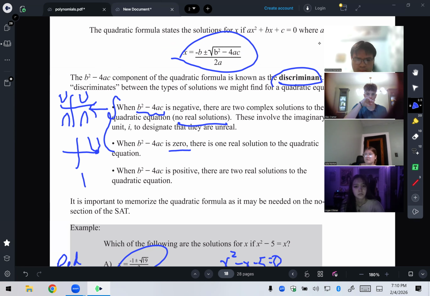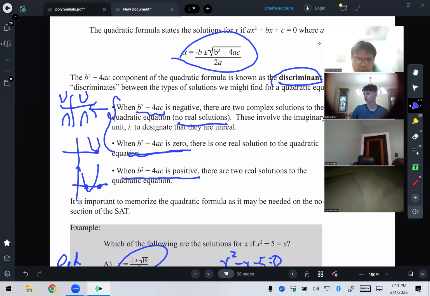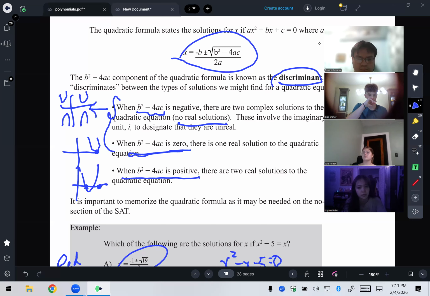And when it's positive, it's going to go right through, it's going to have 2 solutions. So this is something you sort of just have to memorize. And it makes sense because if it's negative, then your answer is going to be in terms of i. If it's 0, that whole square root's going to go away. You'll get one solution, because plus or minus 0 is just one solution. And if it's positive, 2 real solutions.